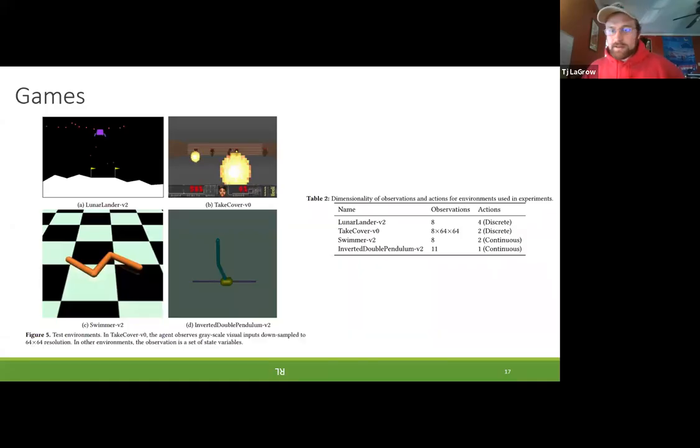Take Cover, the next one to the right, is a part of the VizDoom library. The agent is spawned next to the center of a wall in a rectangular room facing the opposite wall, where monsters randomly appear and shoot red fireballs at the agent. It must learn to avoid the fireballs by moving left or right to survive as long as possible. The reward is +1 for every time step that the agent survives.